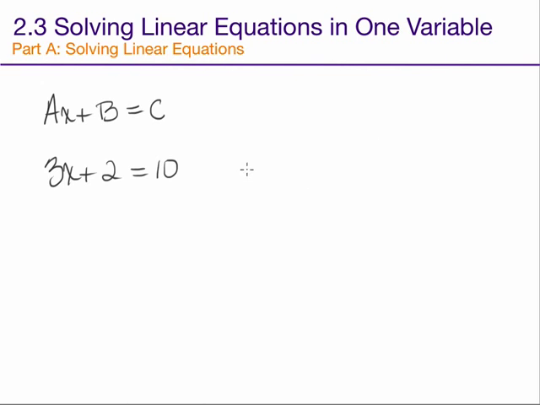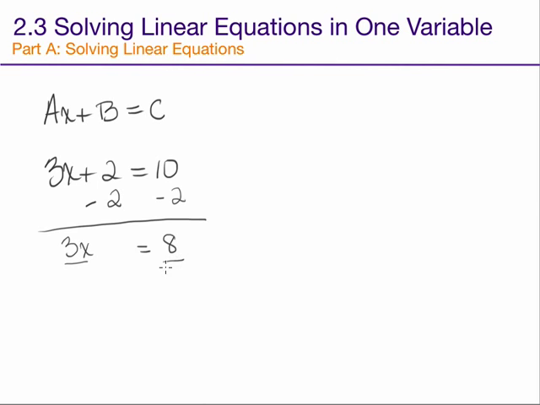Once an equation is in this form, we can take quite a formulaic approach to solving it. I only have one x, I have constants on both sides, so by removing the constant that's attached here, my equation comes to this form.